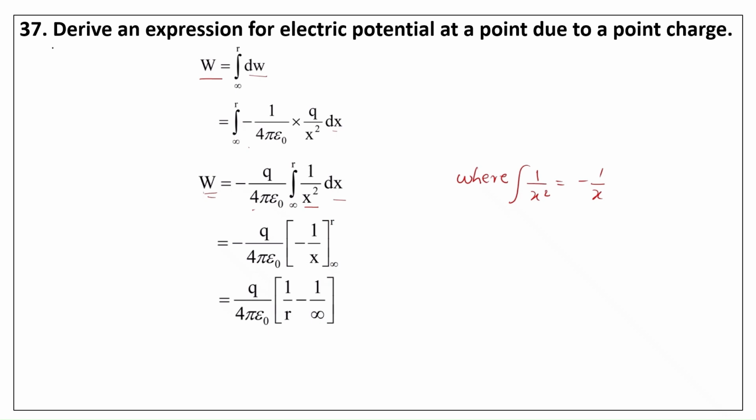The above equation can be written as W is equal to minus Q by 4 pi epsilon naught into bracket 1 by r minus 1 by infinity, where 1 by infinity is equal to 0. Then W is equal to minus Q by 4 pi epsilon naught into bracket 1 by r.